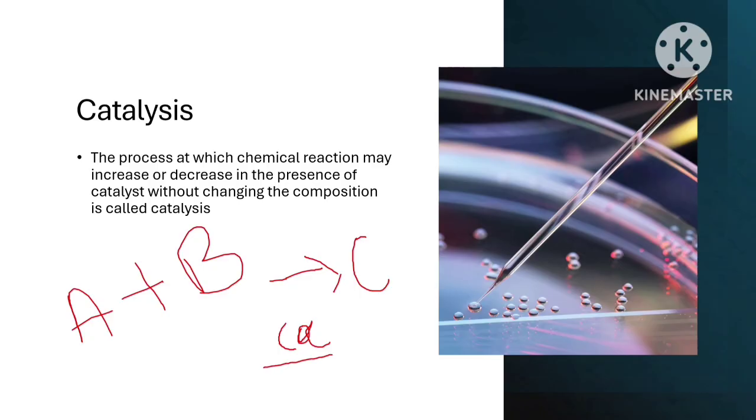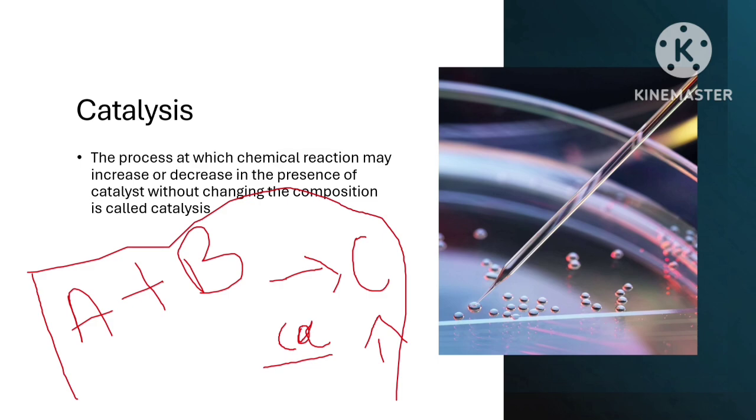For example, I have taken it as a positive catalyst, so it is going to increase the rate of reaction. So the whole process is known as catalysis. In other words, the process in which a chemical reaction may increase or decrease due to the presence of catalyst without changing its composition. This process is known as catalysis. Clear?